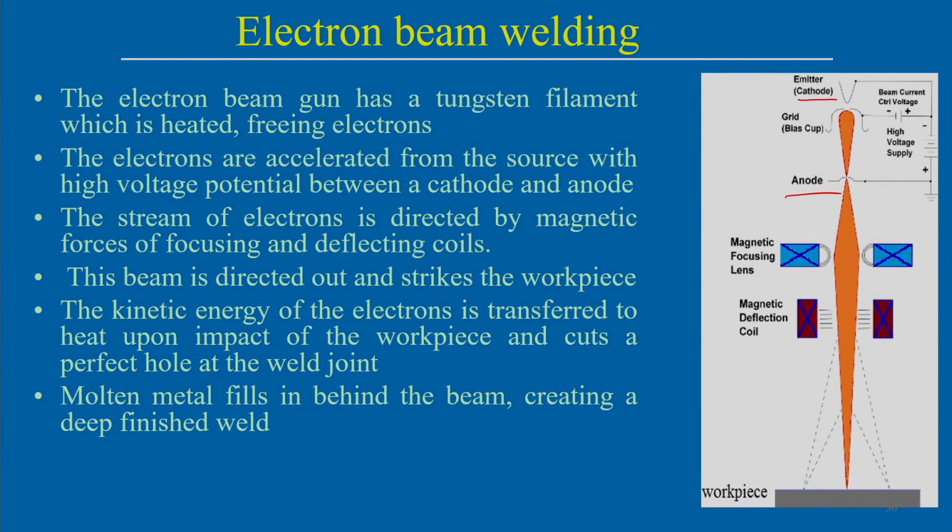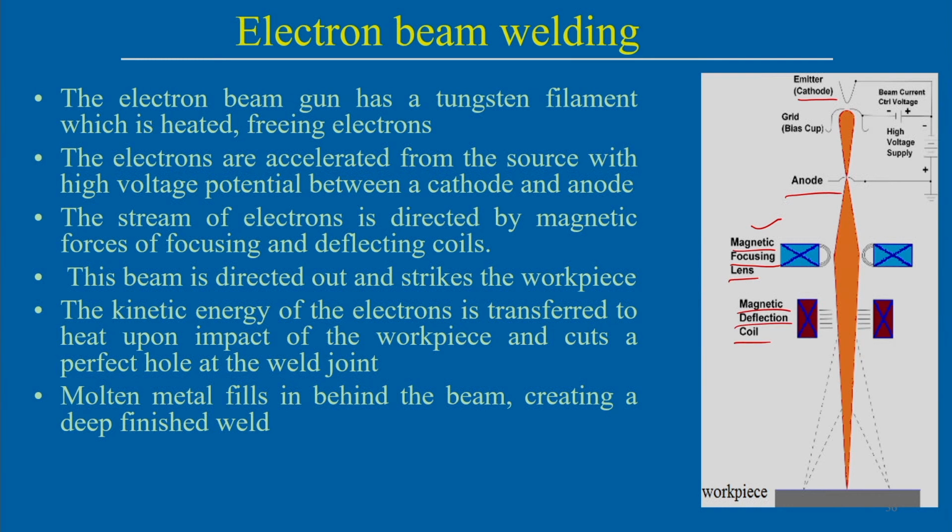Now, the stream of electrons is created and it is directed by the magnetic forces of focusing and defocusing coils. In this case it is a magnetic focusing lens, because since we are handling an electron beam, the focusing of the beam can be done by using a magnetic field, and even the deflection of the coil to the required position can also be done using magnetic forces.